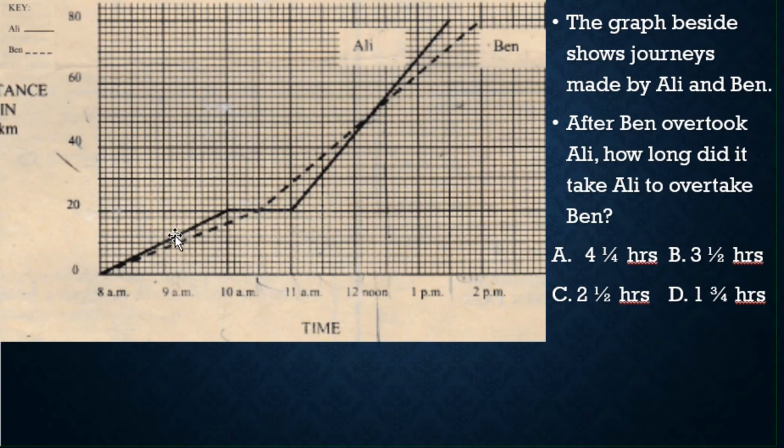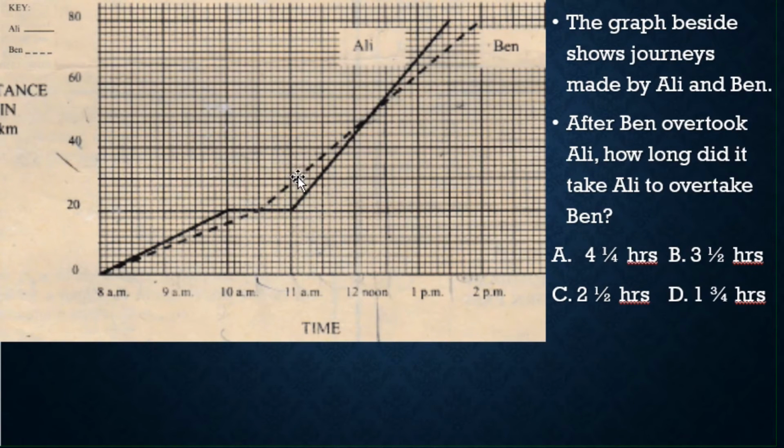So when they are starting the journey, the more vertical line, the one above the other one, is the one who is ahead. So at the start, Ali is ahead. You can see his slope is more steep. He's traveling faster. Then when they reach this point where the two lines have met, that is the time they are overtaking each other. So Ben has overtaken Ali. Now Ben is ahead.